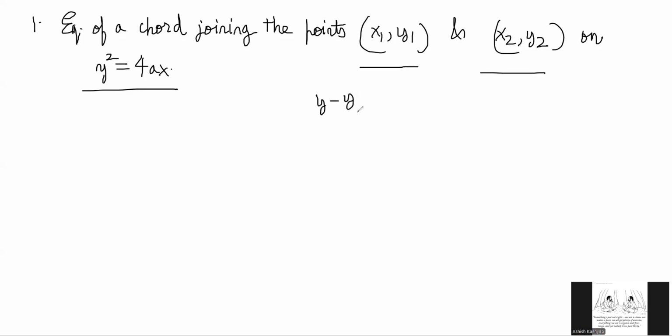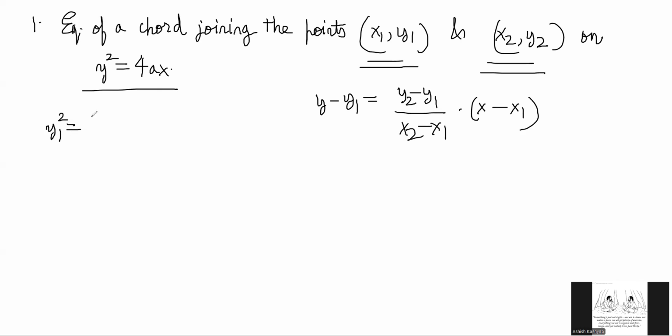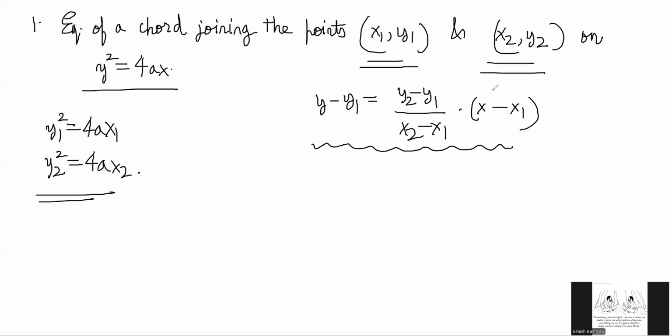It is y minus y1 is equal to (y2 minus y1) by (x2 minus x1) multiplied by (x minus x1). This is the standard equation of a straight line joining two known points. However, since both these points are lying on the parabola, we also have y1 square is equal to 4ax1 and y2 square is equal to 4ax2. So we can simplify this equation a little bit by putting these data here.